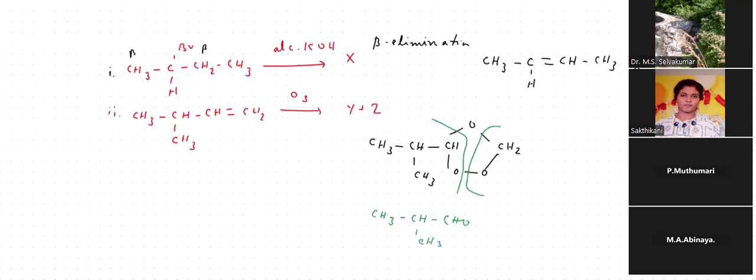This side, formaldehyde is formed. This is methanal, the IUPAC name. So the compound Y is this, compound Z is this, and the compound X is this. Clear?